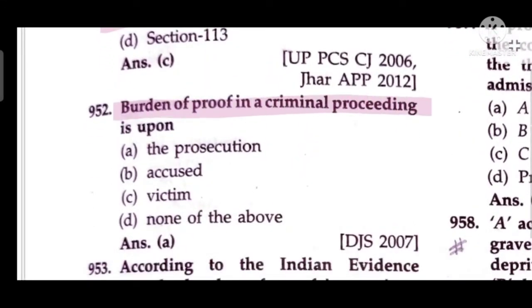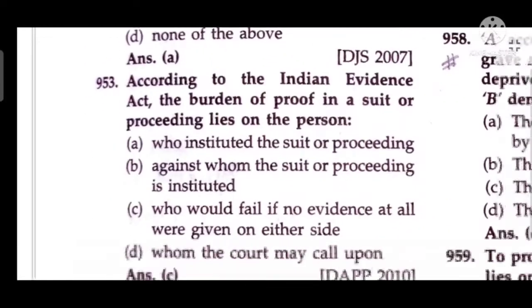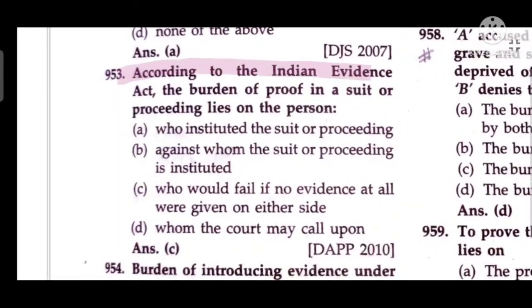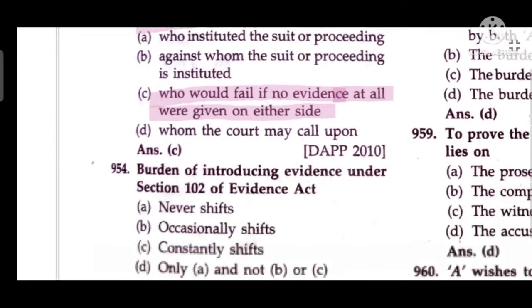The burden of proof in a criminal proceeding is upon the prosecution. According to the Indian Evidence Act, the burden of proof in a suit or proceeding lies on a person who would fail if no evidence at all were given on either side.